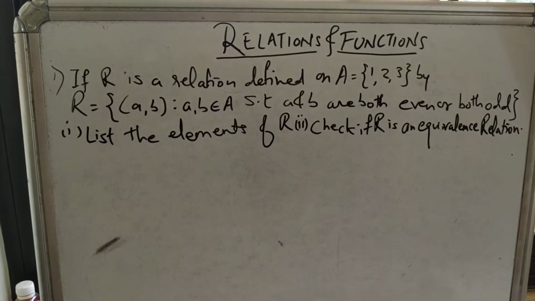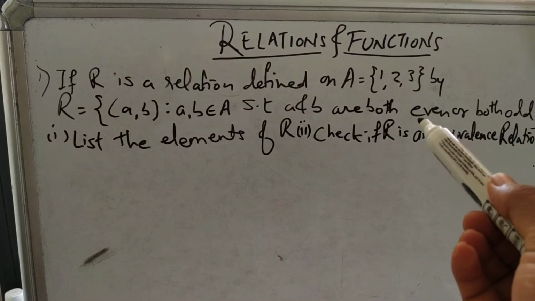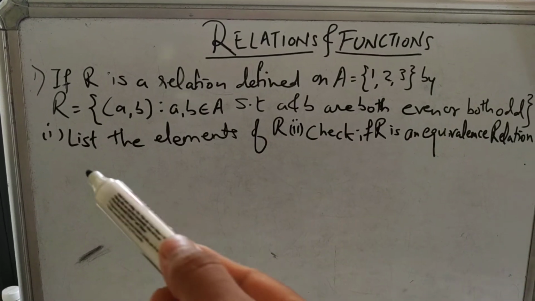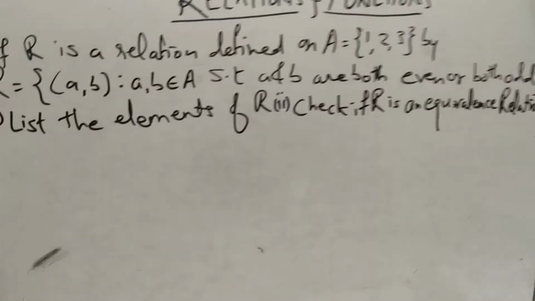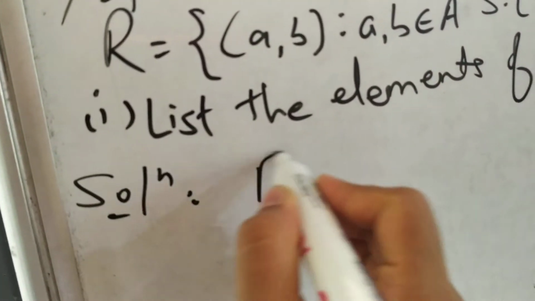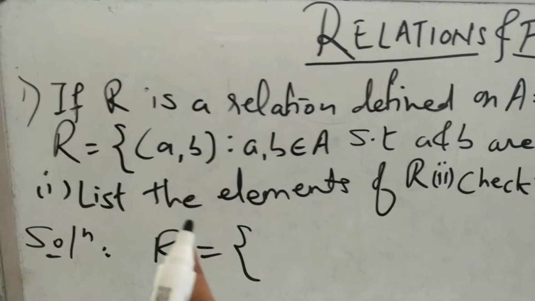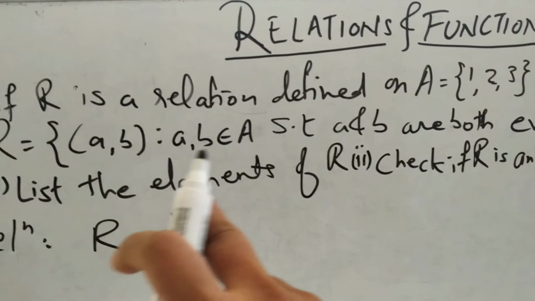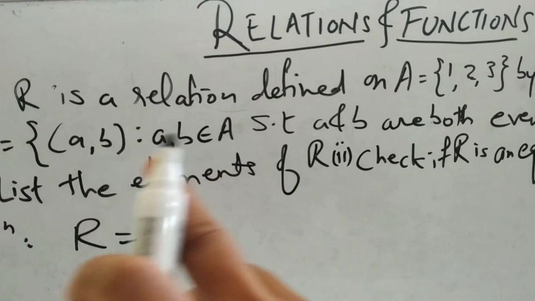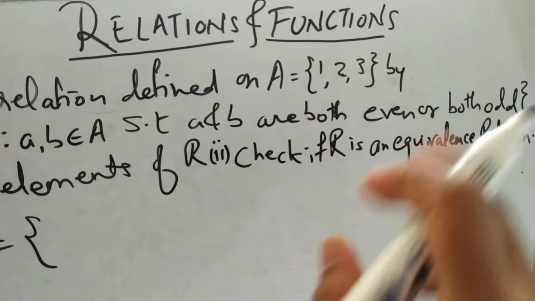So the relation is defined on set A containing 1, 2, 3. Let us list the elements of R. The condition of the relation is that the ordered pair (a, b) is such that both are even or both odd.